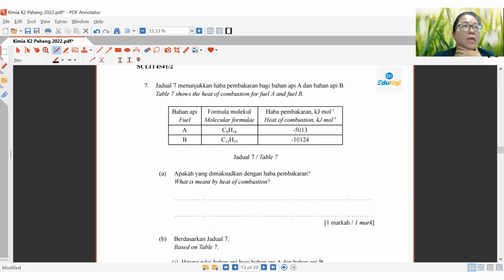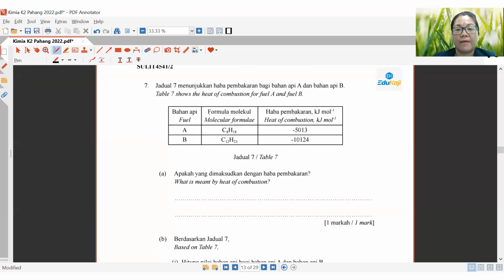Most candidates fail to answer these questions in carbon compounds because they cannot relate and connect among all these homologous series. The moment you can break through the connection of all these homologous series, this topic should be quite easy for you.